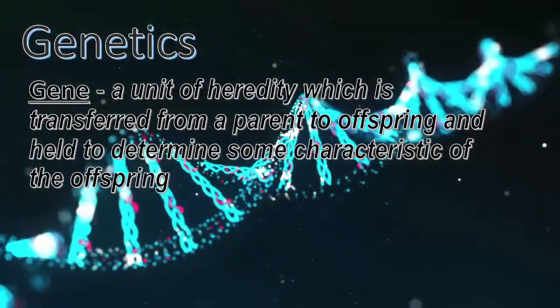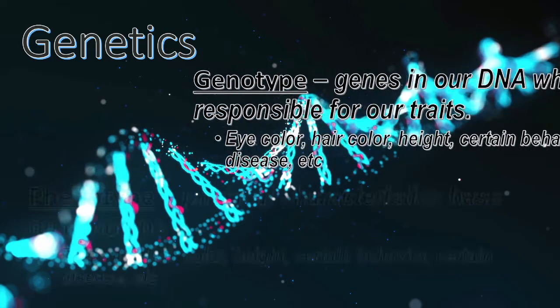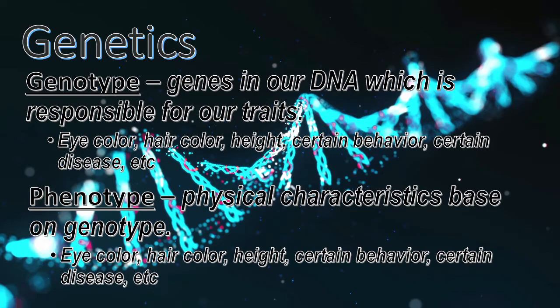Genetics is actually about genes, a unit of heredity which is transferred from parent to offspring and held to determine some characteristics of the offspring. And it is determined in its genotype or phenotype.